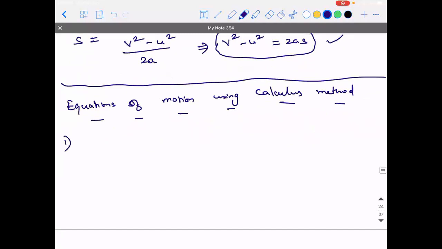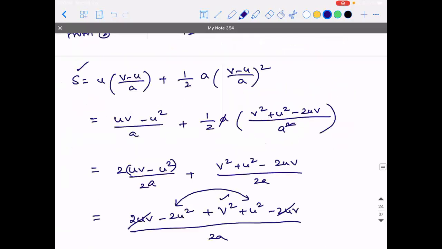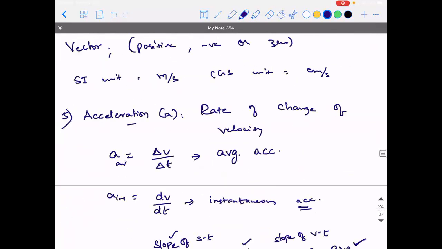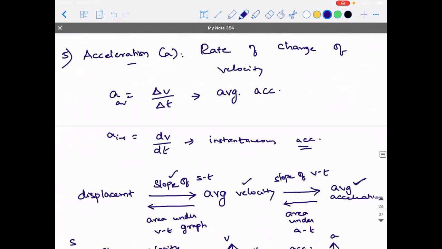So first, for v is equal to u plus at, guys, how did we start the derivation? With the definition of what? Can you look at your notes and tell me? Acceleration. Average acceleration, right? So whenever it comes to calculus, you should always use the instantaneous value. So a will be equal to dv by dt.